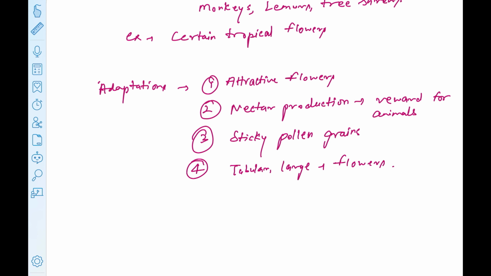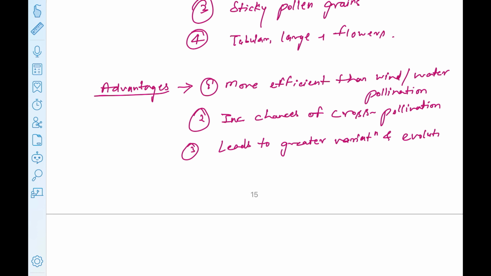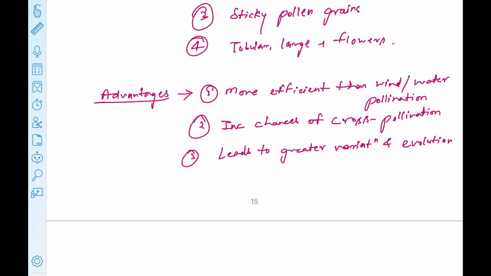What are its advantages? It is more efficient than wind and water pollination. It increases chances of cross pollination and it leads to greater variation and evolution. Okay, and disadvantages are it depends on animal availability. It is energy costly.